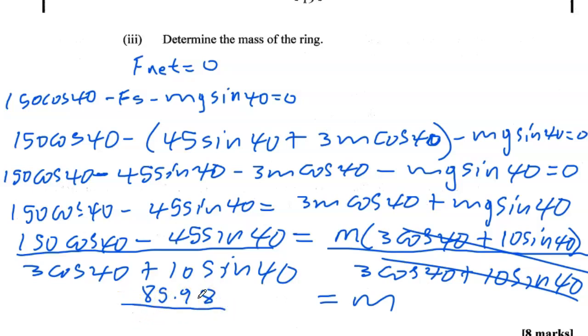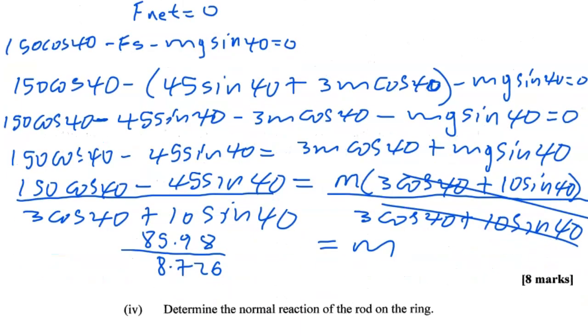Divide by 3 cos 40 plus 10 sine 40, equal 8.726. So m, which is the mass of the ring, is equal to 85.98 divided by 8.726, which is 9.85, and of course it's kilograms.